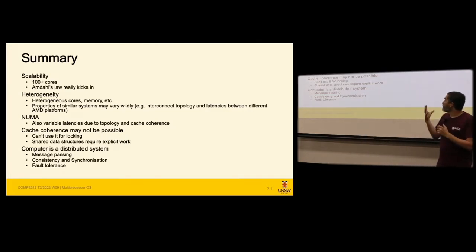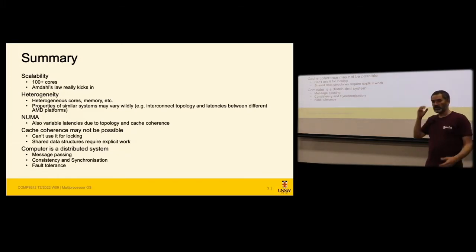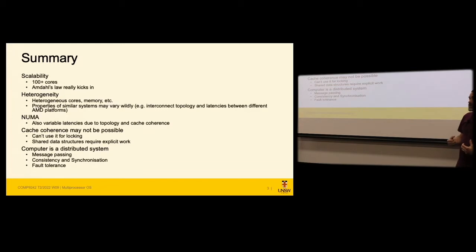We also find that because of this heterogeneity, properties of otherwise similar systems may be very different. You may take two AMD platforms, but because of the different interconnects and the different ways they're set up, they may have very different properties. And so running multiprocessor software on that may have different consequences for different design decisions.